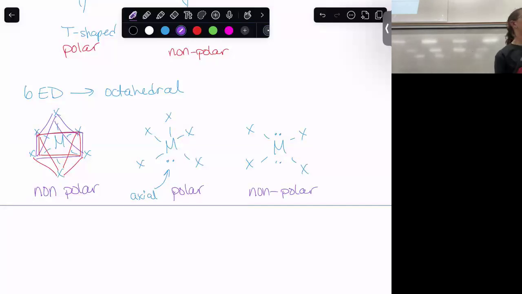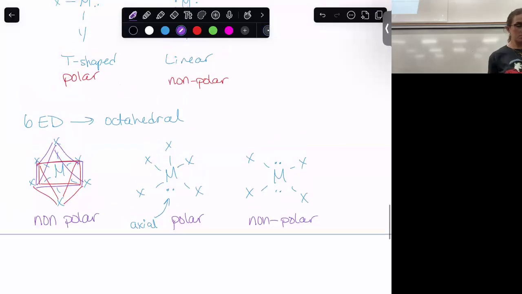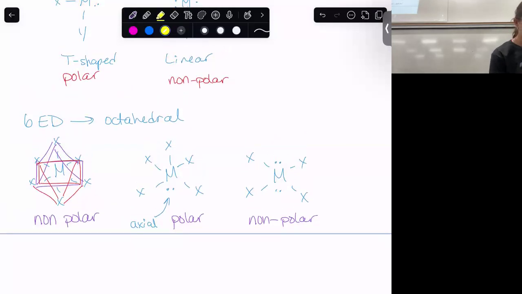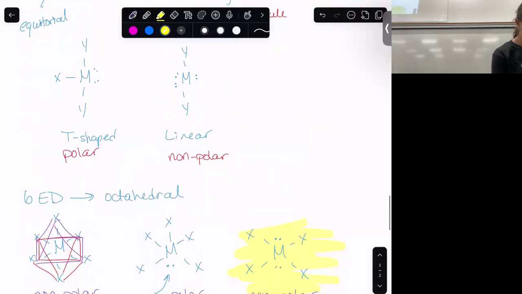So this is the second instance where you have lone pairs on your central atom, but a nonpolar molecule. And those are the only two that you need to know that have lone pairs and are nonpolar. Get this guy here. And then this guy here.